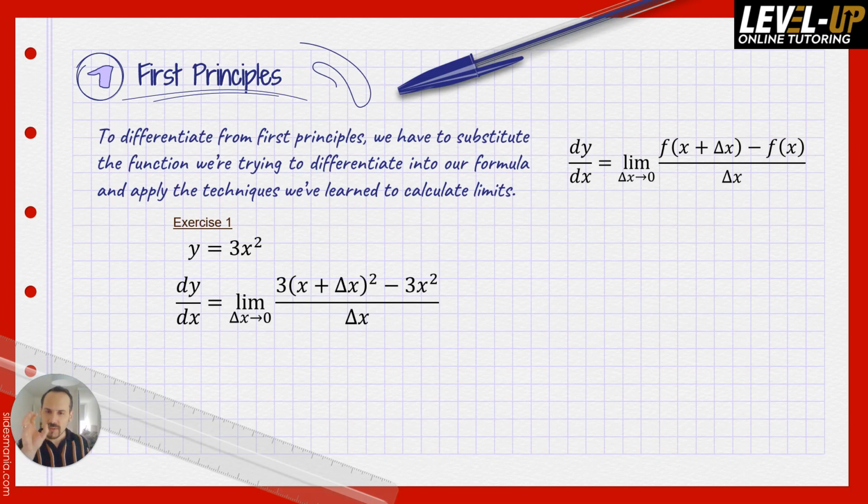So if I put x plus delta x into our function here, 3x squared, you get this: 3 times x plus delta x squared, and then just at x, it's 3x squared, isn't it? We'll find the difference between those two. That is going to be essentially our difference in y, isn't it?